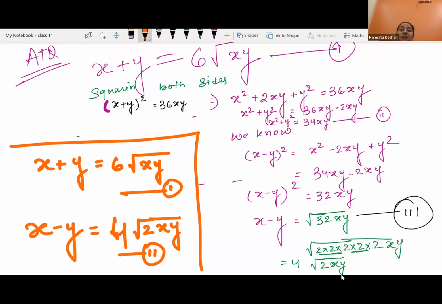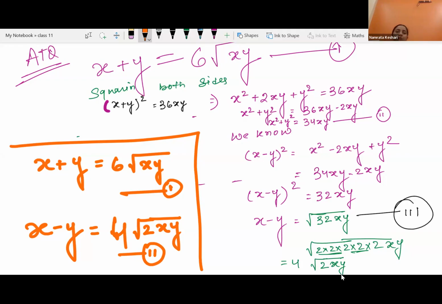Why? Because the right hand side is not a number. Even if the right hand side were just a square root number, that is also acceptable. But root xy, and there also root xy, it is not possible for us to solve now also. After giving this much effort, still we are not able to solve it.